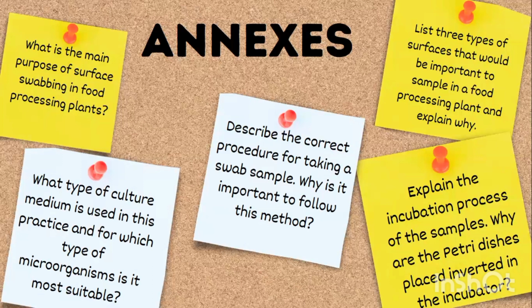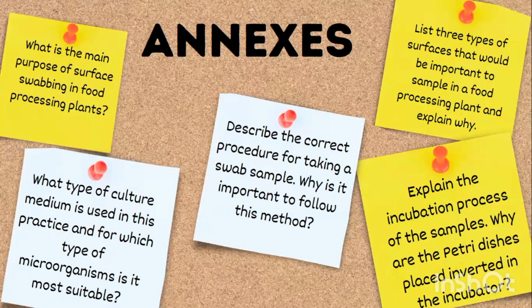These are suitable for a wide range of microorganisms, including bacteria and fungi commonly associated with food contamination, such as Salmonella, Escherichia coli, and Staphylococcus species. They help detect the presence of these microorganisms in samples.